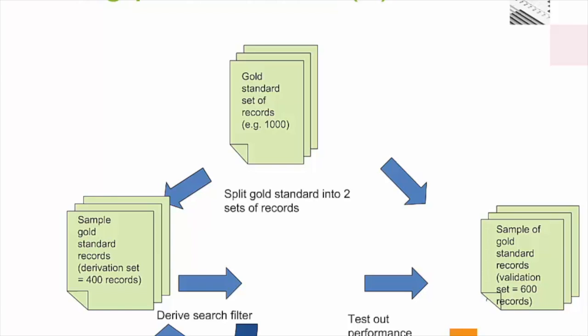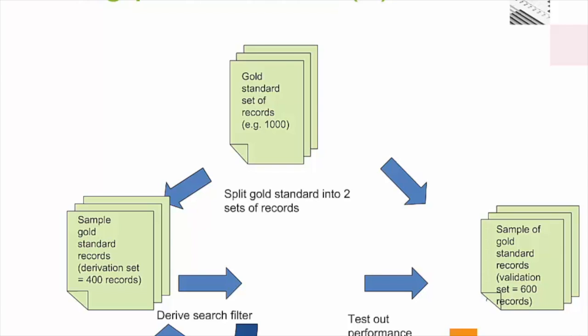Hello Hilda. Hilda's asking which method would you use to split the gold standard into sets? I guess I'd probably do it randomly. You might stratify it by years and then do random selection from years, or you might stratify it in other ways, but I guess ideally you'd want some sort of random selection.